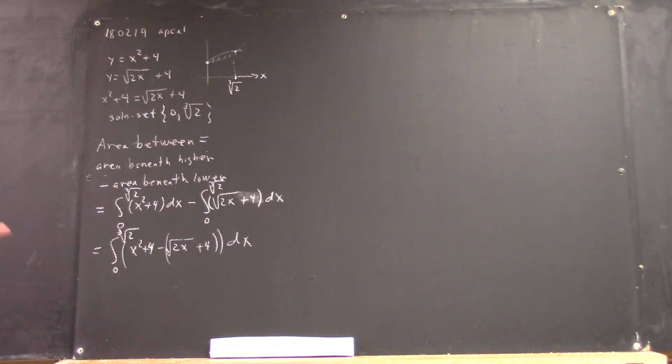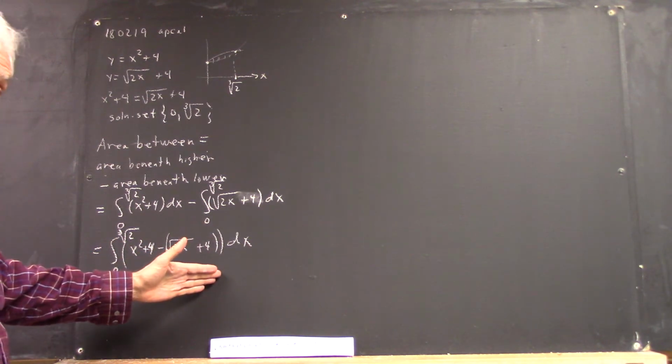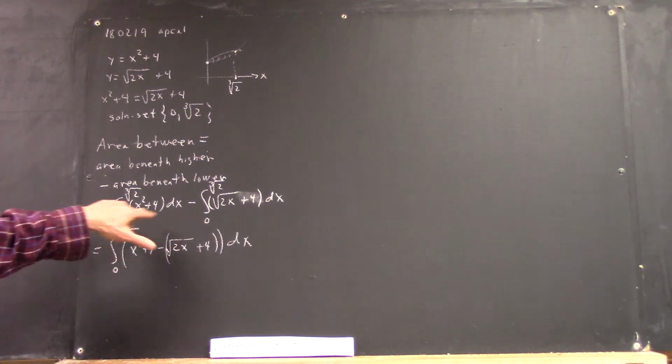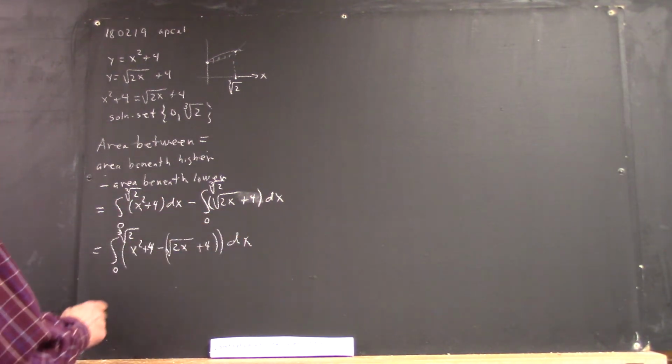Okay, so the way I want to write this out is I want to put all this inside of a single integral. Because I'm subtracting integrals over the same interval, of course I can easily do that.